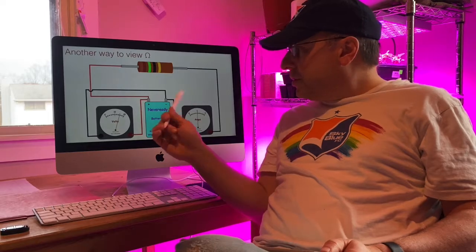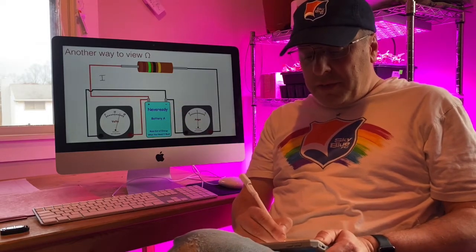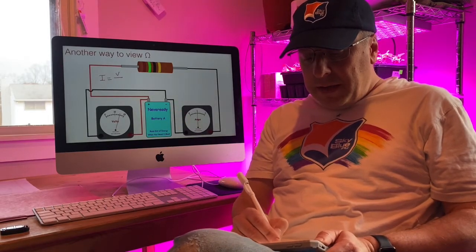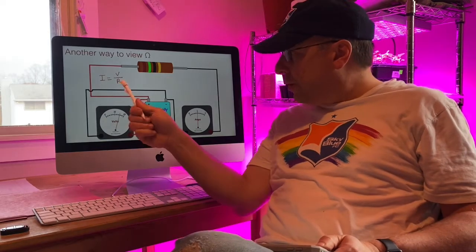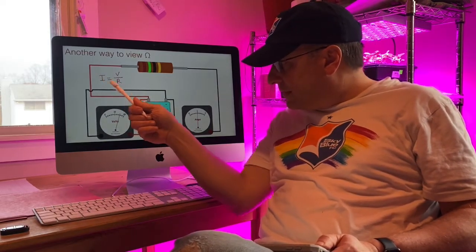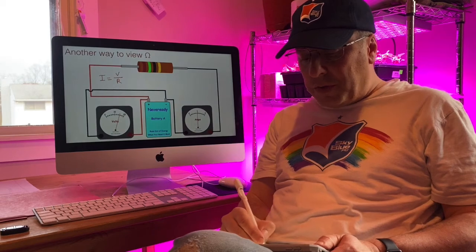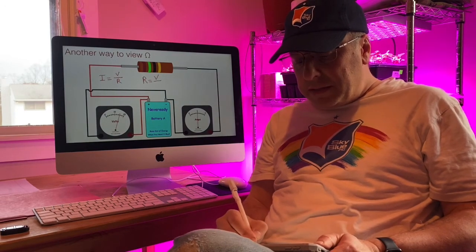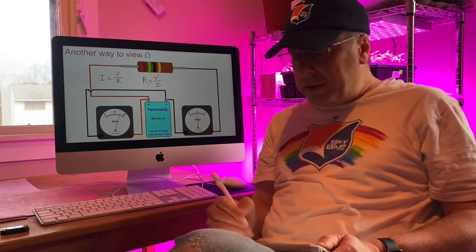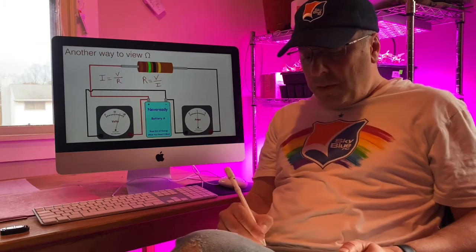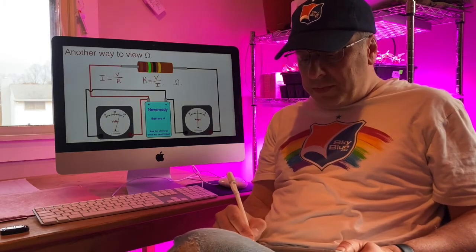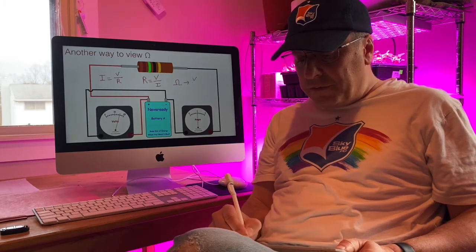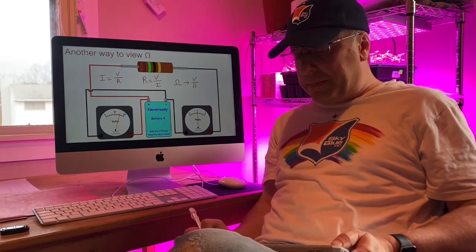Okay, we can also look at this equation, I equals V over R, in a slightly rearranged form. So we're going to swap the places of the I and the R by cross multiplying. And we can see that resistance is actually voltage divided by current. What that means is that ohms is actually a measure of voltage divided by amps.